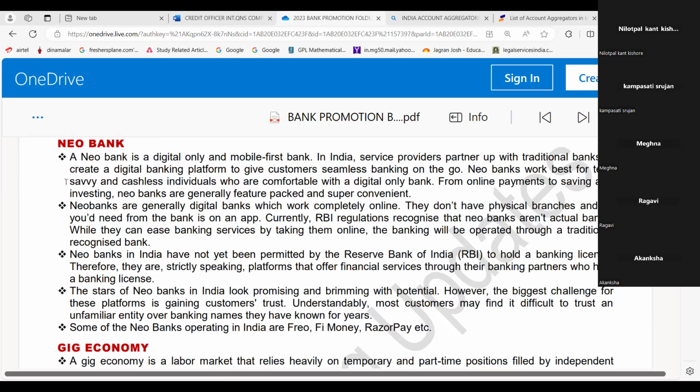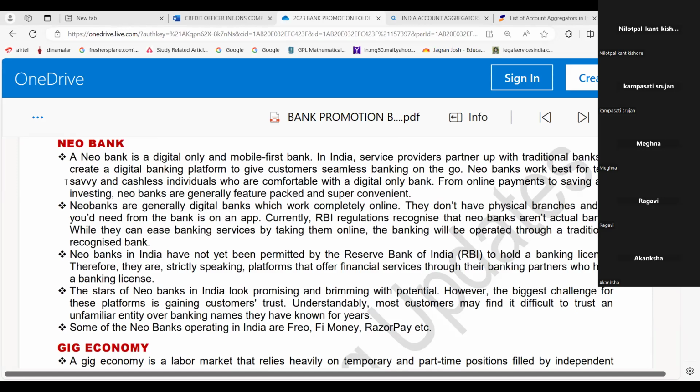Currently, RBI regulations recognize that neobanks aren't actual banks. While they can ease banking services by taking them online, the banking will be operated through a traditional recognized bank. Neobanks in India have not yet been permitted by the RBI to hold a banking license. Therefore, they are strictly speaking platforms that offer financial services through their banking partners who hold a banking license.